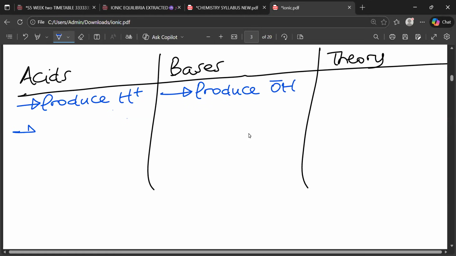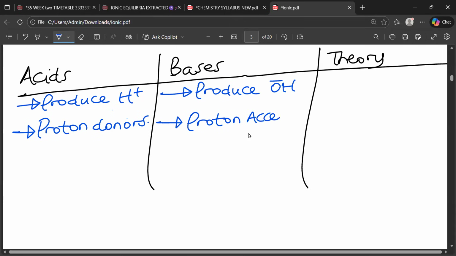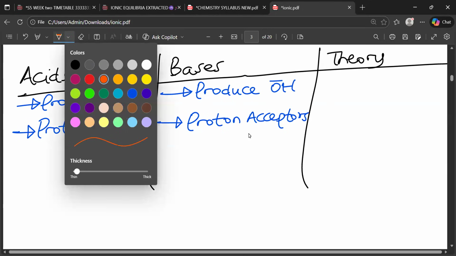Then there is that one of protons, and we said acids, we prefer them being proton donors. But we say they donate to bases. Then there is that one of proton acceptors for bases, and we say they accept from acids that produce them. So proton acceptors, like that. Then there is the last one.